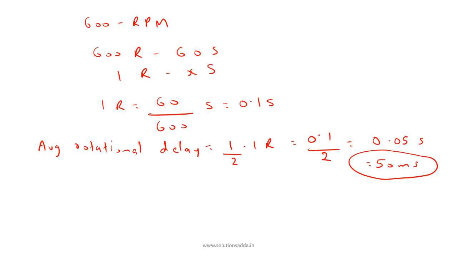This is the second parameter. Now we are given that one rotation can read one whole track.